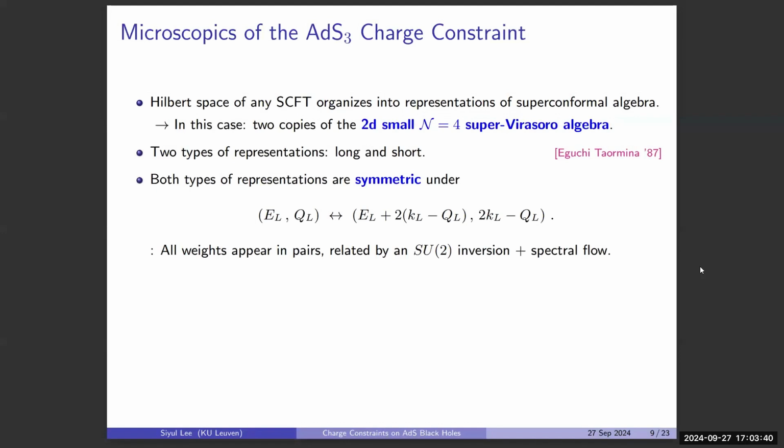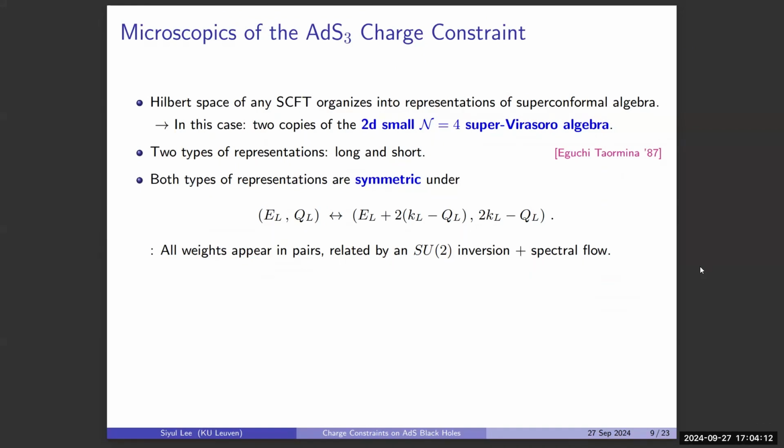And both long and short representations have a remarkable property: if you look at the content of the representation, you can express all the weights in the representation using these two quantum numbers, E left and Q left. And within all representations, there is a Z2 symmetry between flipping these values of the charges into this one.